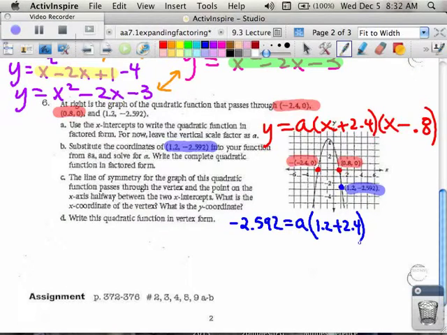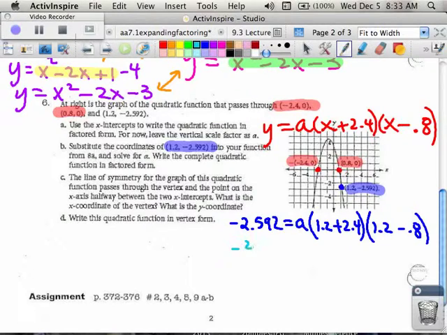And then I put it again in the second parentheses, 1.2 minus 0.8. And I solve this equation. So this equation, when you solve it, you would have to multiply these numbers together and figure out what's going on. So I'm going to continue on with this so you can kind of see how it works out.